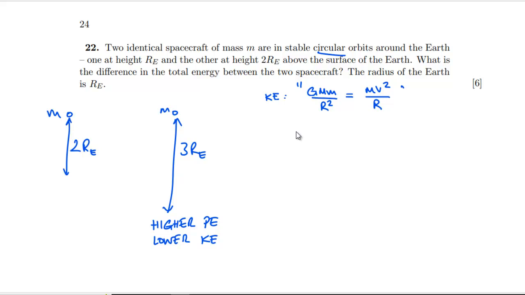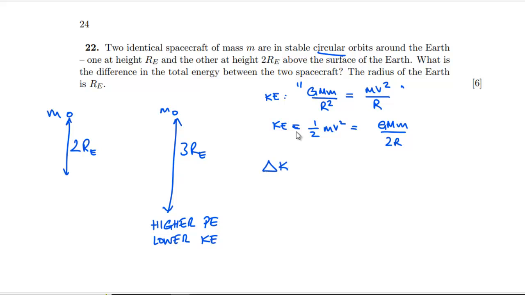So the kinetic energy, a half mv squared, is going to be equal to GMm over 2R.